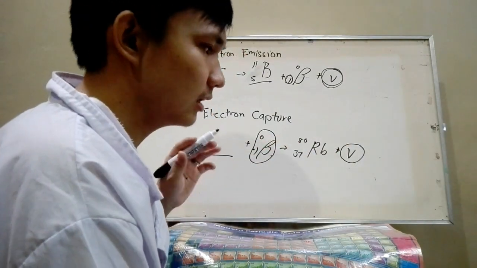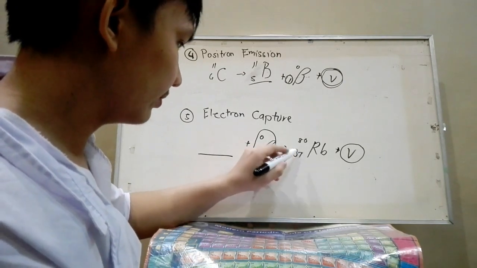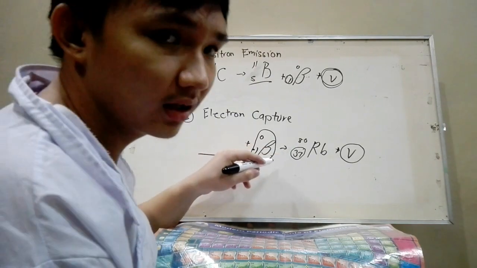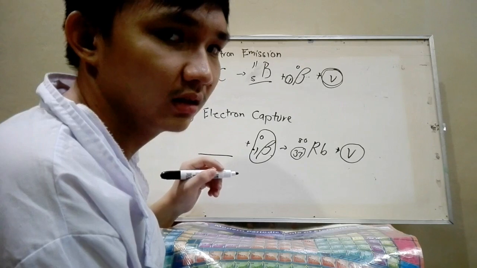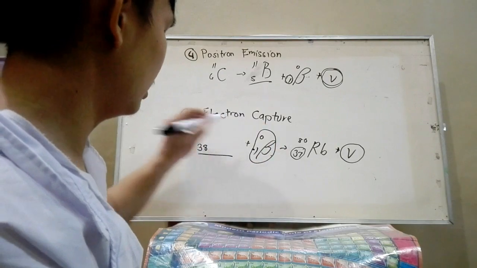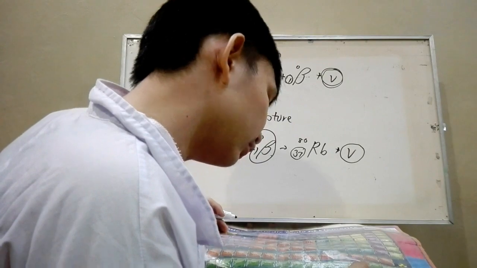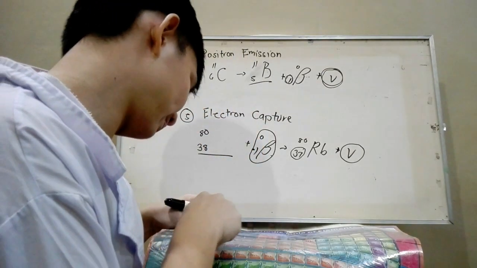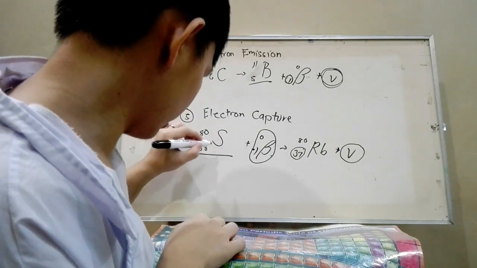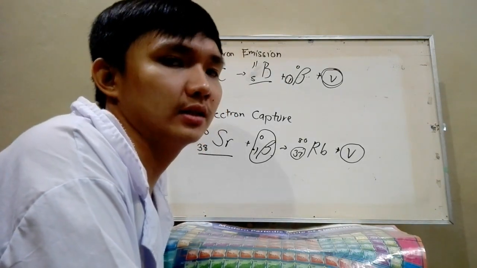So remember that it is not an antineutrino. So you will think of a number that when it is subtracted by 1, it will give you 37. So obviously it's 38. And you will have to copy the atomic weight. So find the 38th element on the periodic table, which gives us strontium. And that's it, guys, for our nuclear reaction equations.